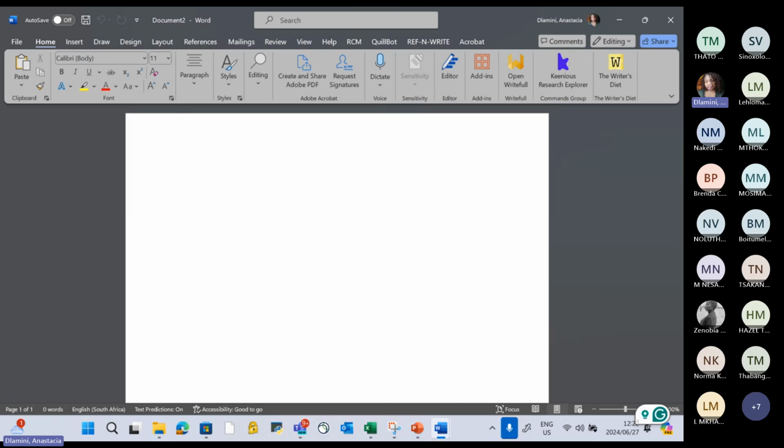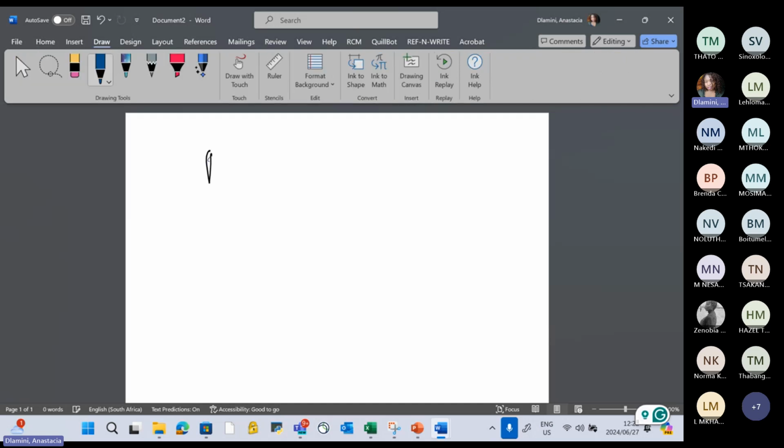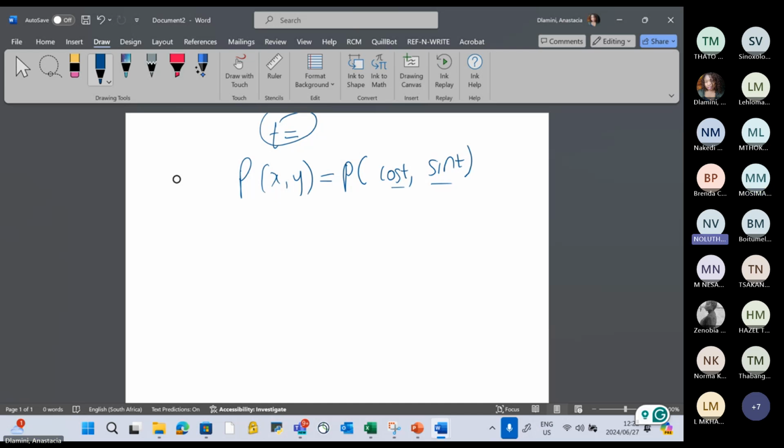So now, that relationship says that if they say find the terminal point P of x, y determined by t, what you can do is say P of cos t, sine t. Do you understand? And then you substitute t in there, and it will give you the terminal points. Are we all together? Guys? Yes, ma'am.